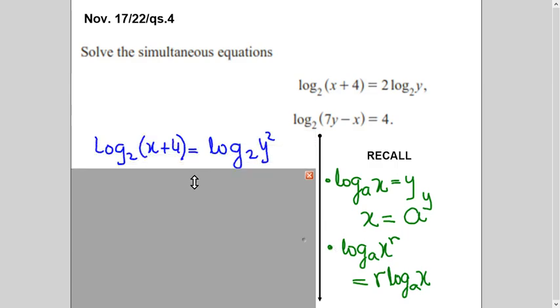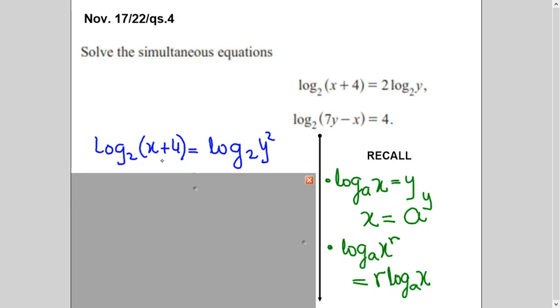Now let's see. First of all, I'm taking this equation, and in this equation this 2 can go up as a power. You can apply the power law, and it will become log of y squared base 2. What is the advantage of doing this?